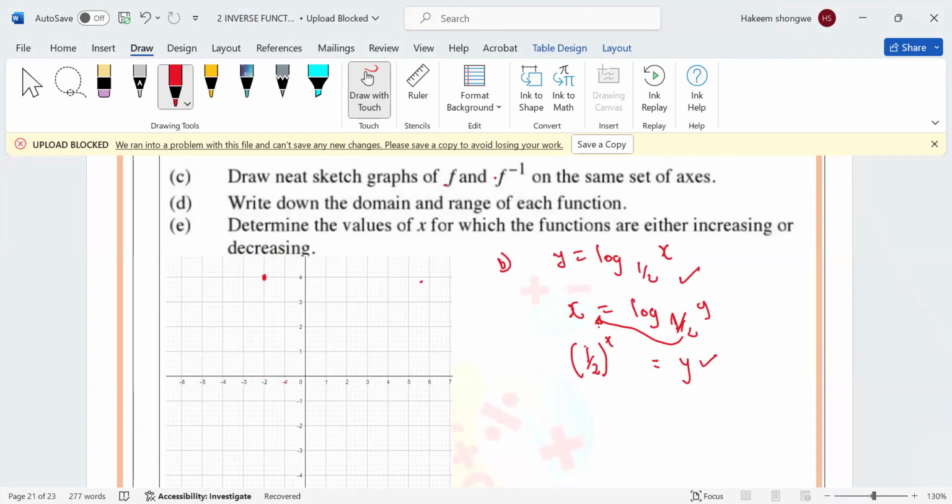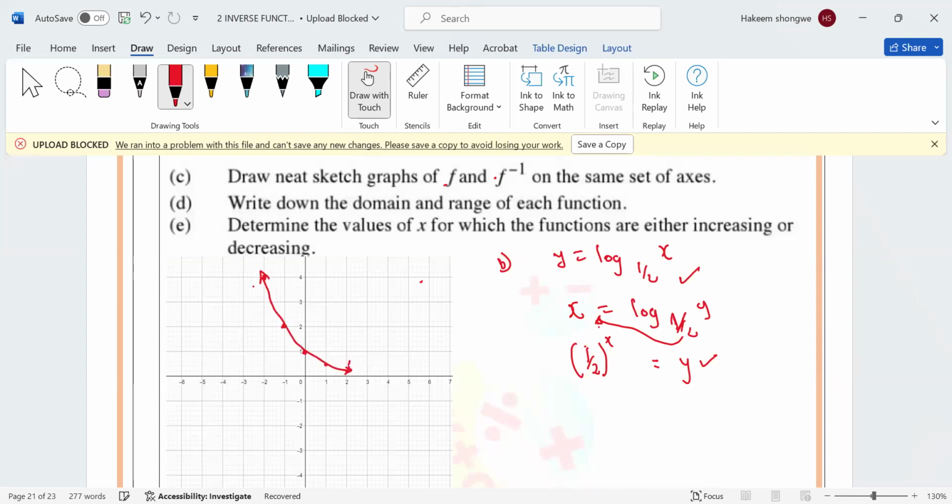Then we go to minus 1, which goes with 2. Then 0 and 1, then 1 and 0.5, then 2 and 0.25. Then I stop. Where I stopped and where I started, I put an arrow to say this is continuing. Then I connect the dots.